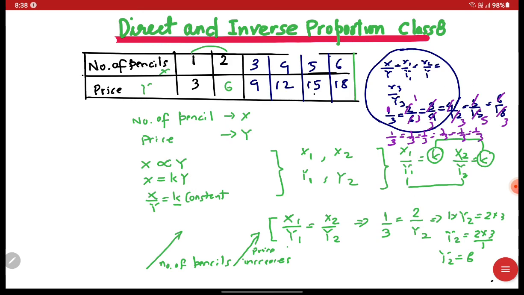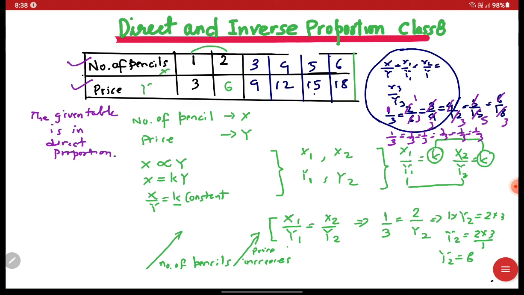So yes, this is in direct proportion, because the ratio of x and y is constant throughout, and for that reason I can tell the given table is in direct proportion.